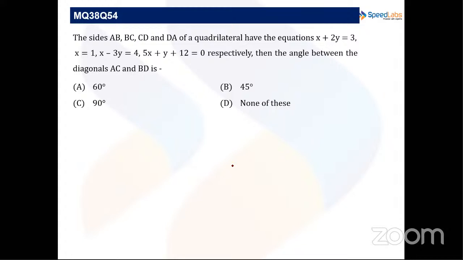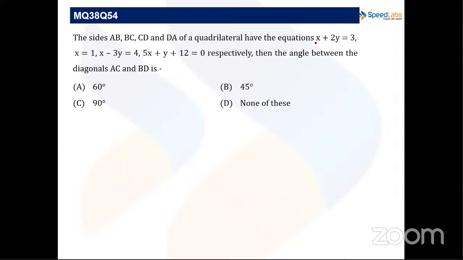Read the question, everybody. Now, the sides AB, BC, CD, and DA of the quadrilateral have these following equations.